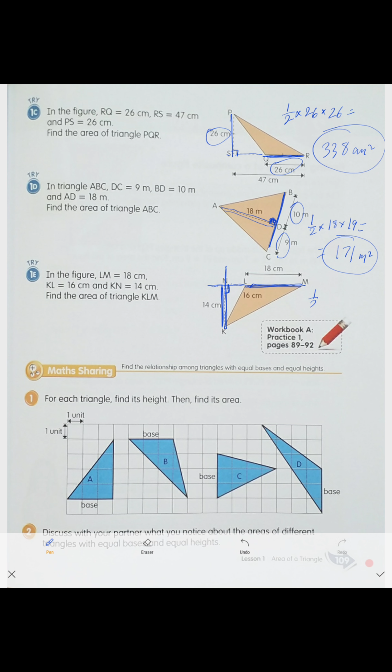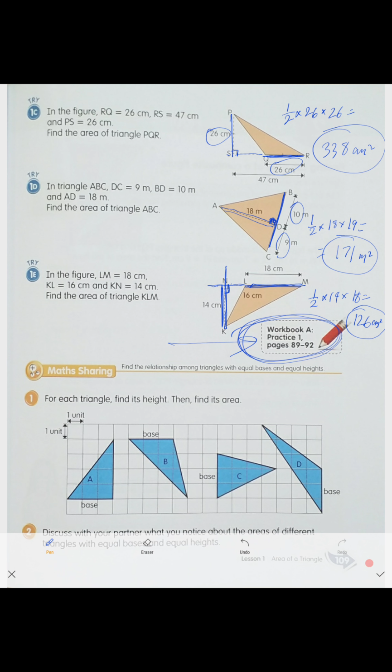So 1/2 times 14 times 18. The answer is 126 centimeters squared. Okay. All right. Here, workbook practice 1. Make sure to solve it through. And I also will make the video for it later.